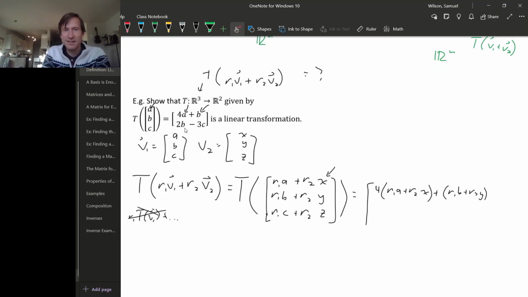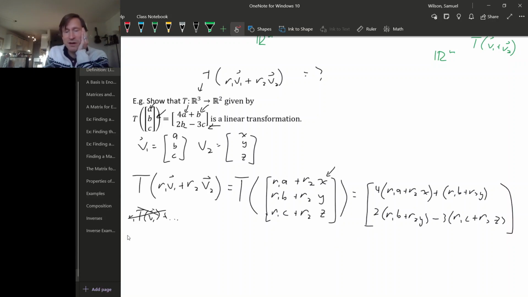And then the second entry in the result is 2 times the second entry in the input, so 2 times R1B plus R2Y, minus 3 times the last entry in the input, which is R1C plus R2Z.